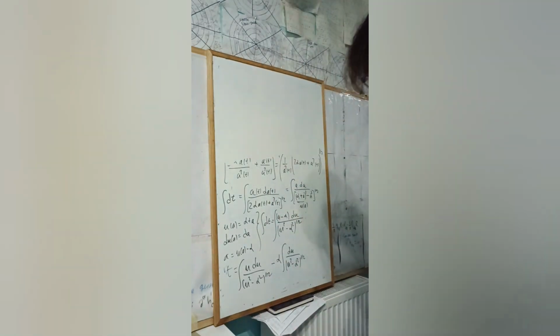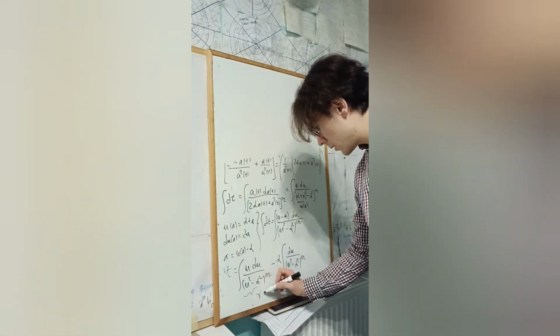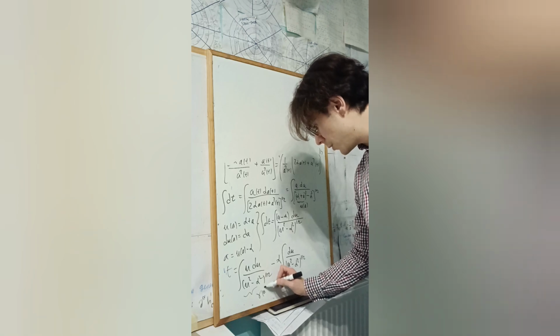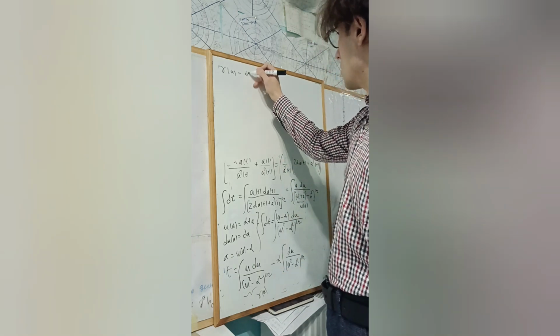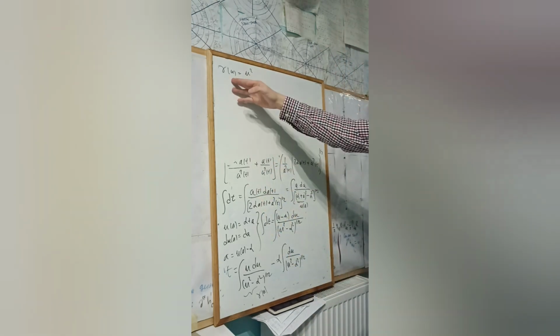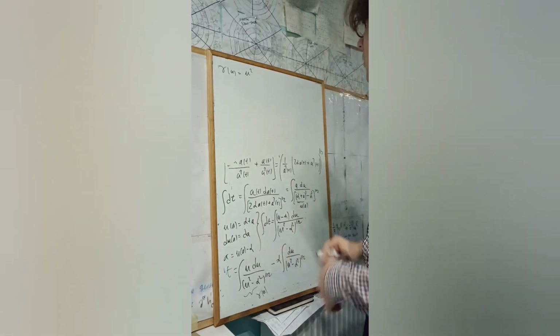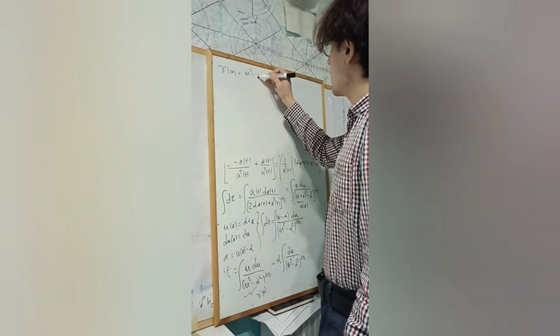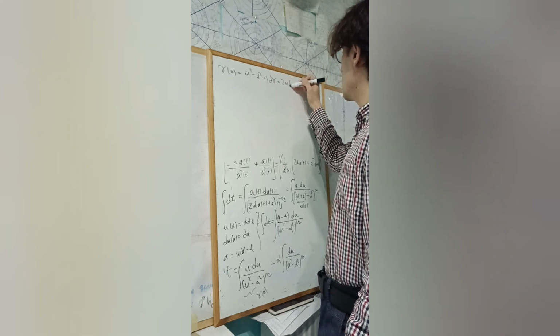Gamma, I said in that place. Here's gamma. Yeah, gamma of u. So gamma of u equals u squared minus alpha squared, and gamma is the function of u and u is the function of a. Okay, do not forget that. So the dgamma equals 2u du.